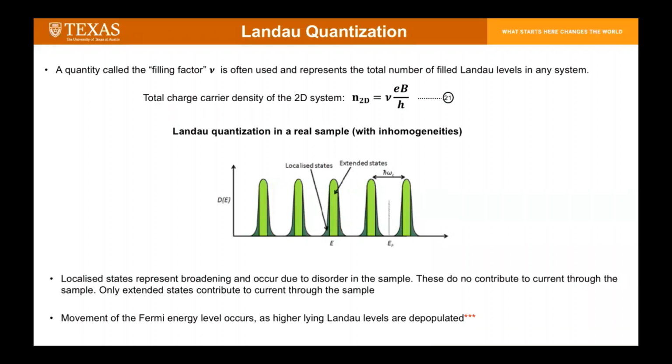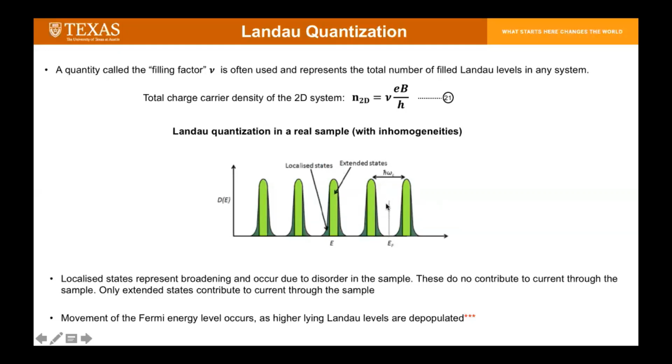One important thing to remember is that these localized states do not contribute to conduction. It's only the electrons that fill these extended states that contribute to conduction. These localized states are simply an effect of disorder in the system. So when we talk about conductive states, we only mean states in these extended, central regions.